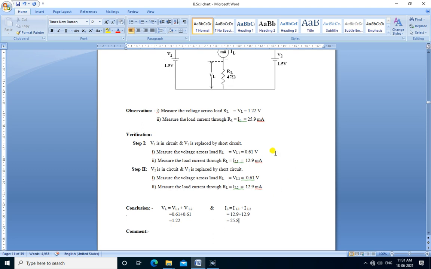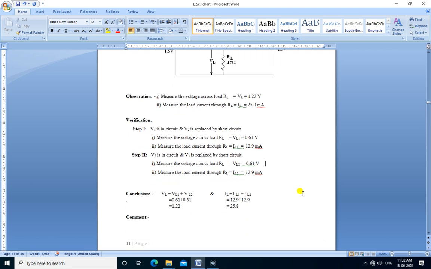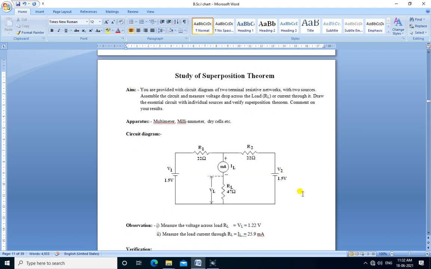So here VL is equal to VL1 plus VL2, that is 1.22 volt, and IL is 25.9 milliampere. We get here IL1 plus IL2 is equal to 25.8 milliampere. Hence the superposition theorem is verified. Thank you.